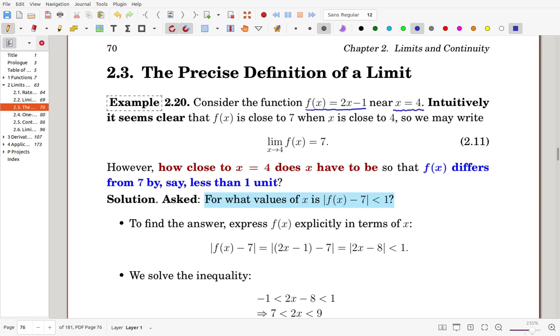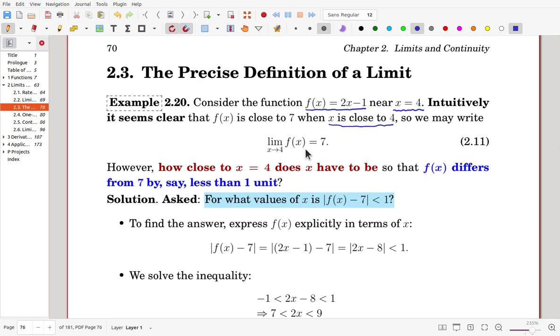So here, if x is close to 4, then 2x will be close to 8, and this f of x will be close to 7, so that we defined intuitively here the limit of f(x) as x approaches 4 is 7. We did this definition in the last section.